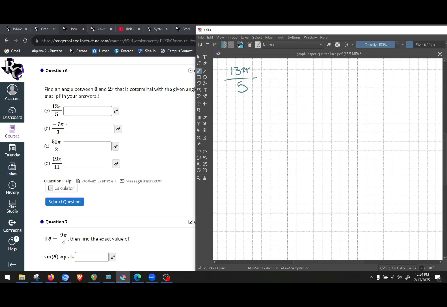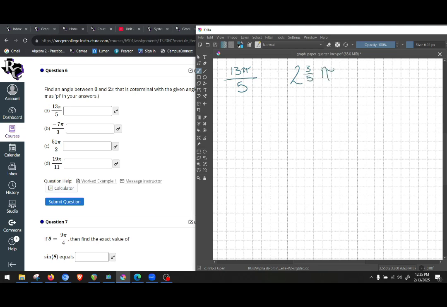What's 13 divided by 5? It's 2 and 3 fifths, so that's over 2 pi, because 5 goes into 13 two times. That's 10, so 13 minus 10 is 3. We have 3 over 5 left over.